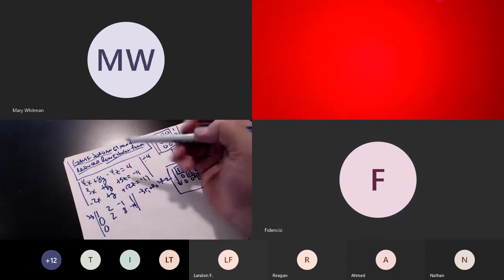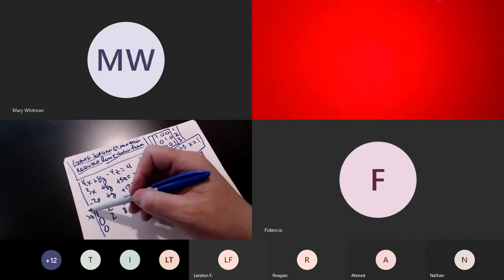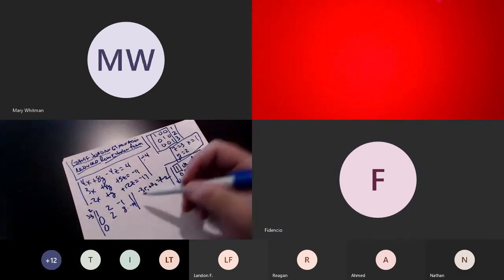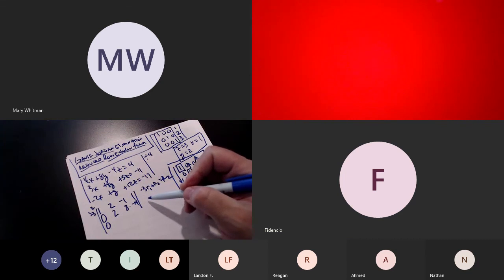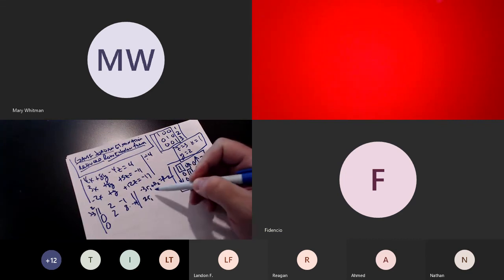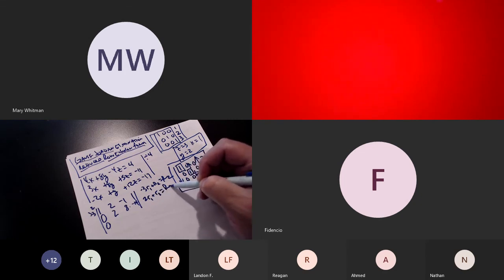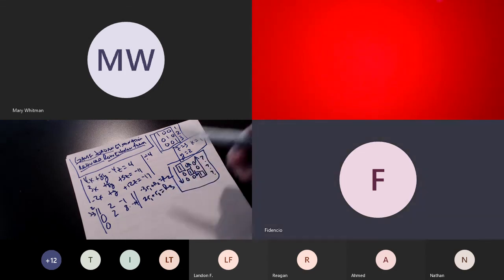Now I need to turn this into a 0 as well. So if I multiply the top row by 2, that's going to give me a 2, and 2 minus 2 is going to be a 0. So I'm going to take 2 times row 1, add that to row 3, and put the result in row 3. Okay?